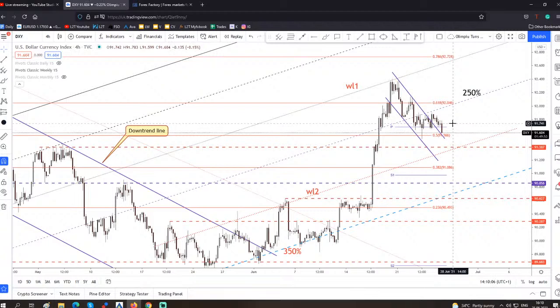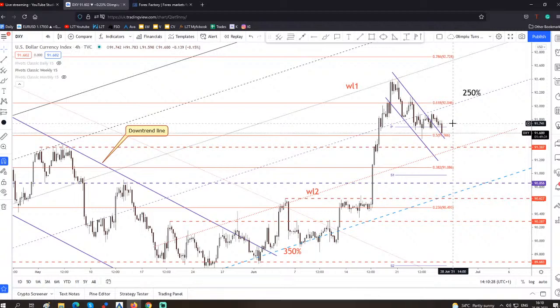and a potential further drop, guys, could send the euro versus the US dollar higher. And as you already know, if you are a VIP member, you know that we have a position in euro versus the US dollar.